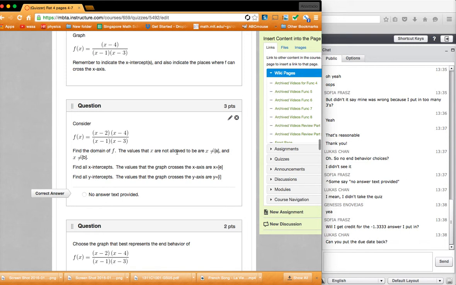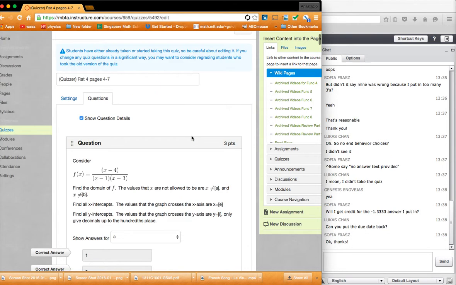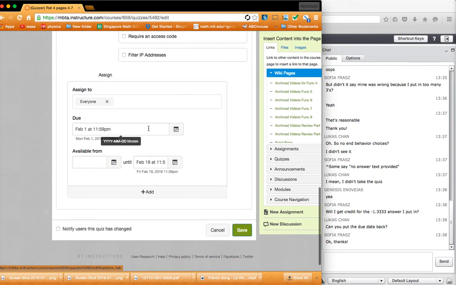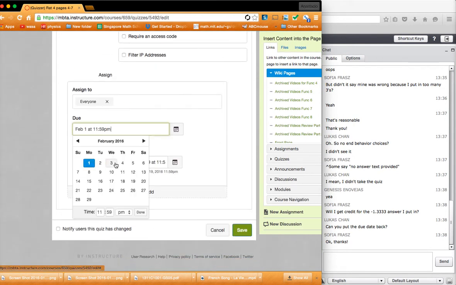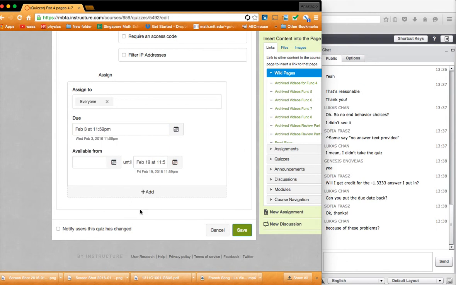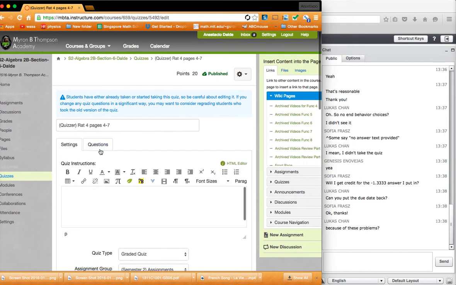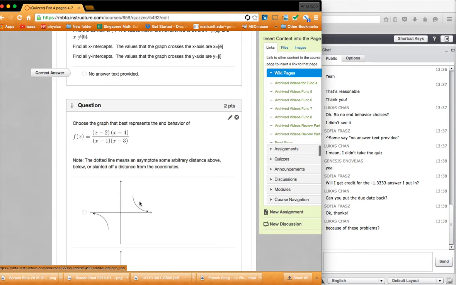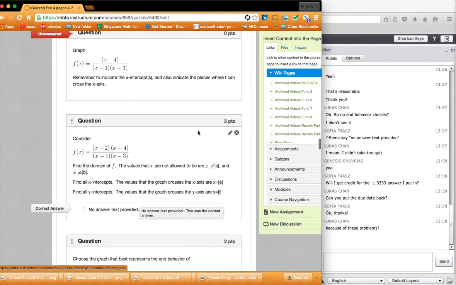All right, so here's what I'm going to do with this test that's coming up. First thing is I'm going to go to settings and move the due date to be due on February 3rd. How's that? Second thing, I'm going to look at this question that has a problem here.